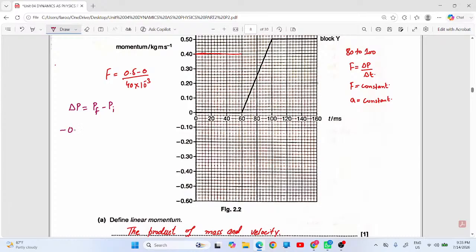When they collide, the final momentum minus the initial momentum is minus 0.5. So the final momentum is minus 0.5 plus 0.4.